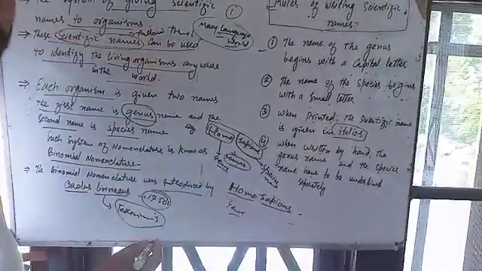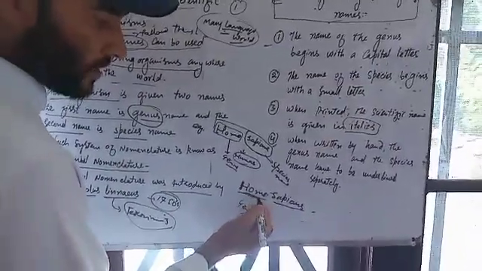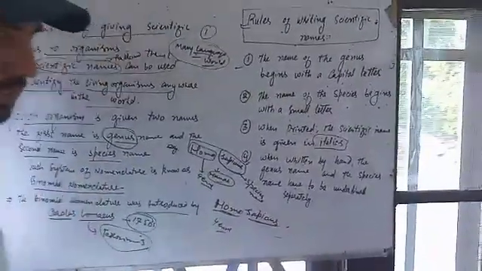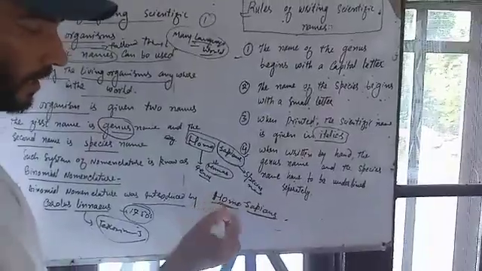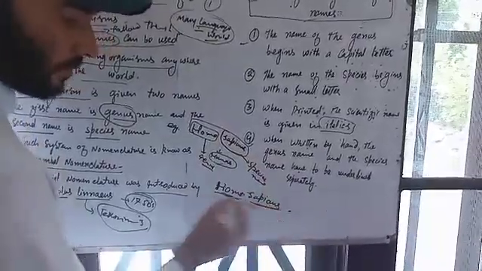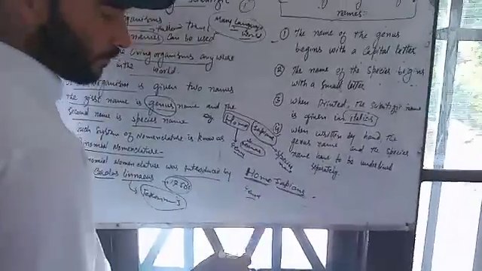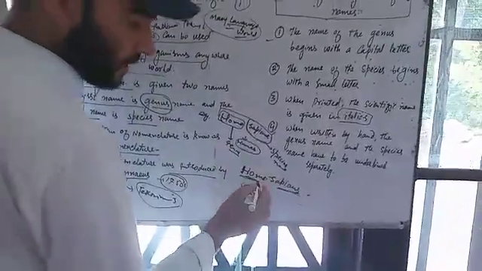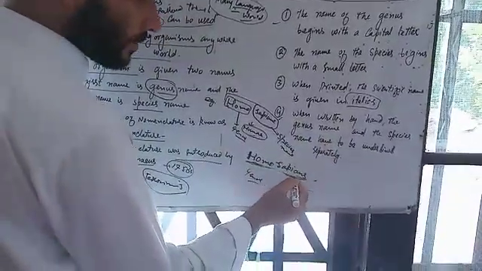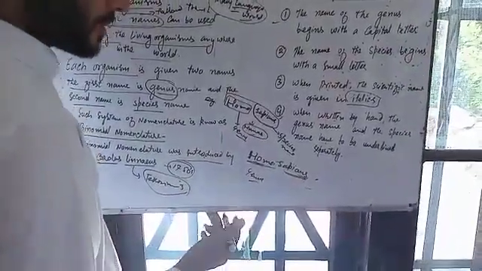This is the correct style of writing scientific names: the genus name starts with a capital letter, the species name starts with a small letter, and when handwritten, we underline the names separately, not together.